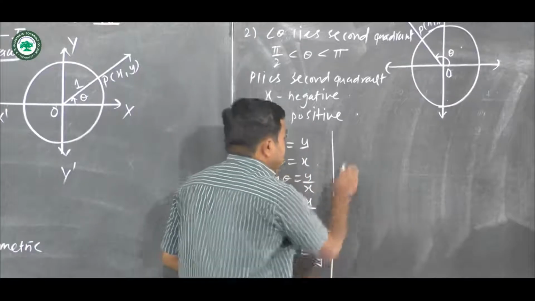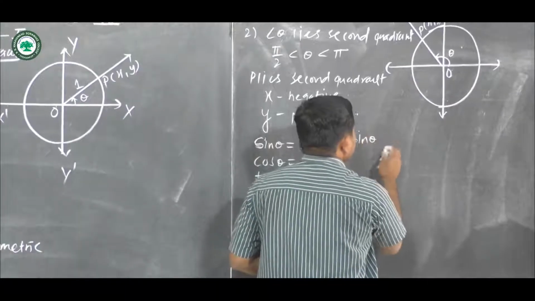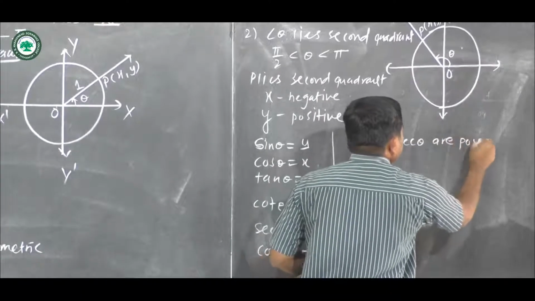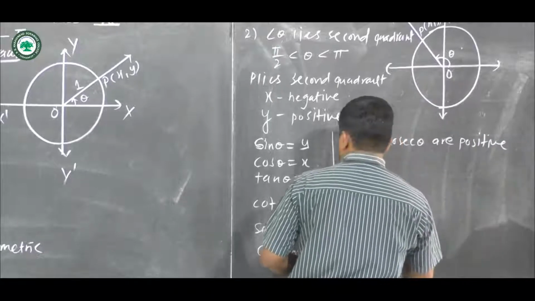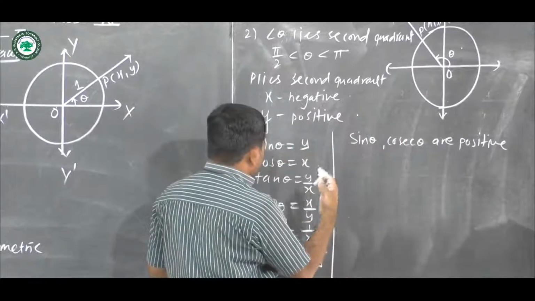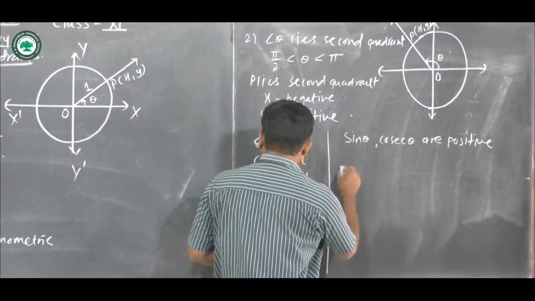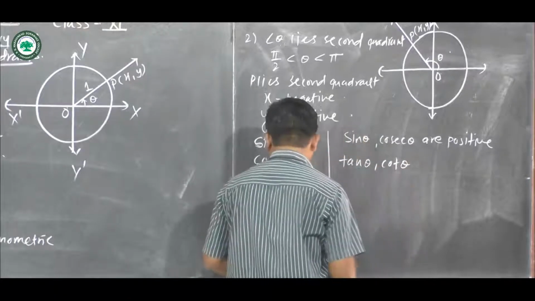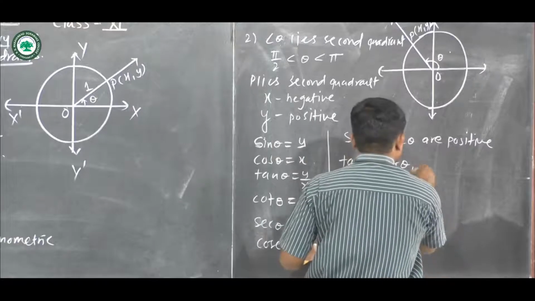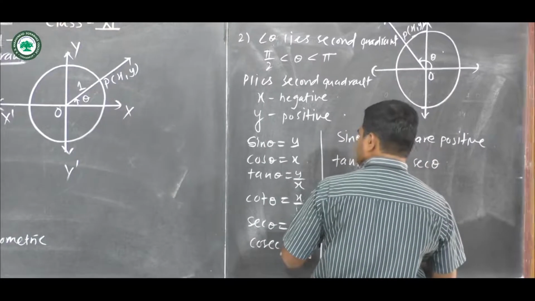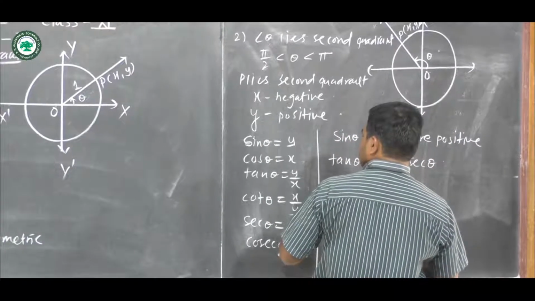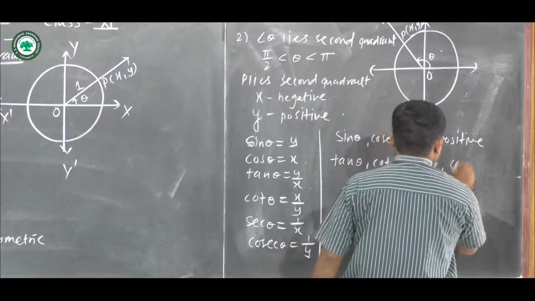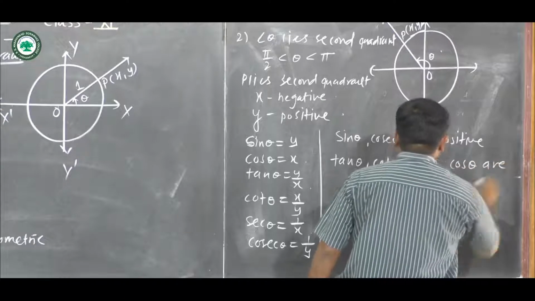In second quadrant sin theta, cosec theta are positive, and the remaining 4 ratios, tan theta, cot theta, sec theta, and cos theta, are negative.